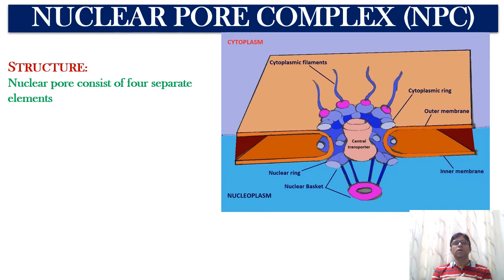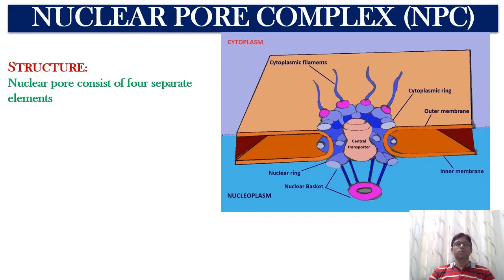Let us discuss the advanced model of the nuclear pore complex. During the 1990s, significant progress was made towards a better understanding of the structure and functions of the nuclear pore. New pore proteins have been identified, cloned, mutants isolated, and a detailed mechanism of cytoplasmic transfer of substances has been proposed.